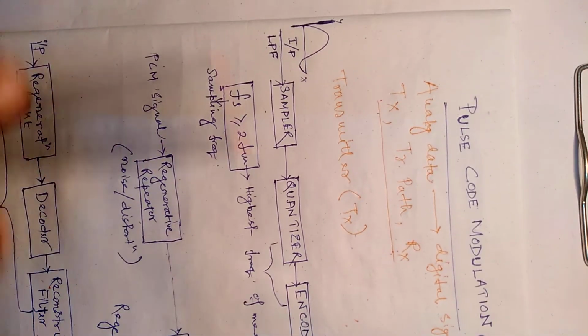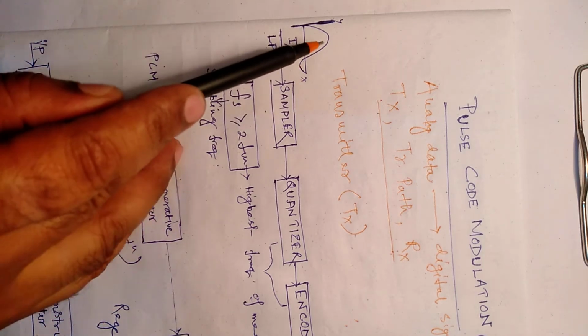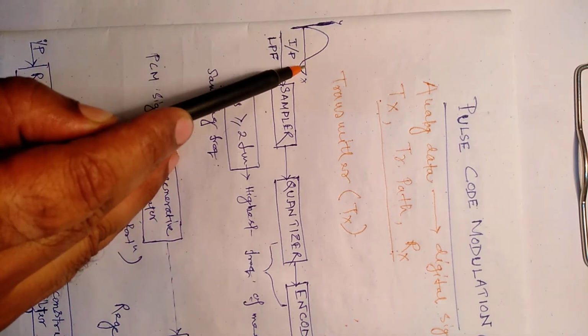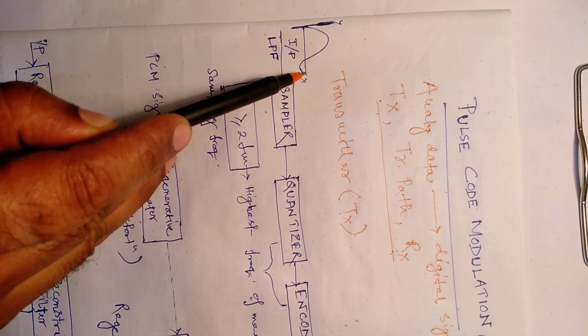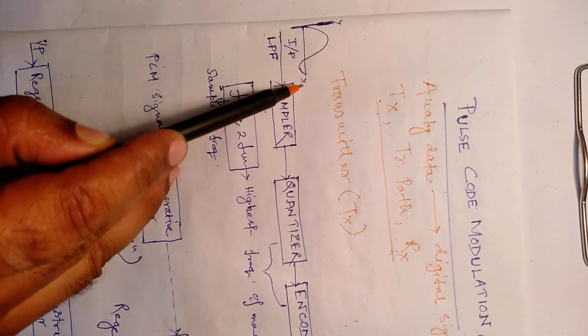But before that, suppose this is my message signal. This message signal is in the form of analog.